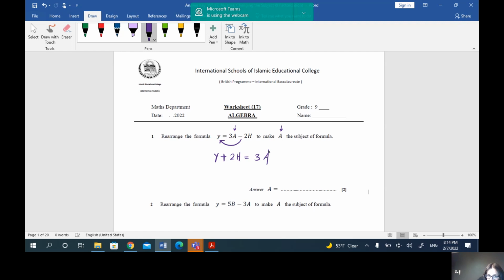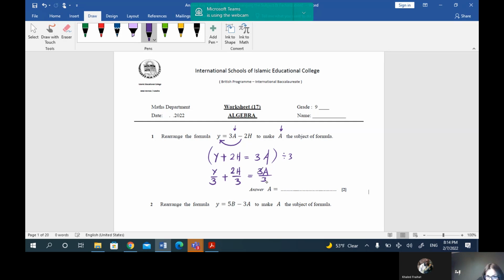We need a as a subject, so we need to get rid of the coefficient of a by dividing all by the coefficient of a, which is 3. Remember, you need to divide each term in the formula by 3. So it will be y over 3 plus 2h over 3 equals 3a over 3.